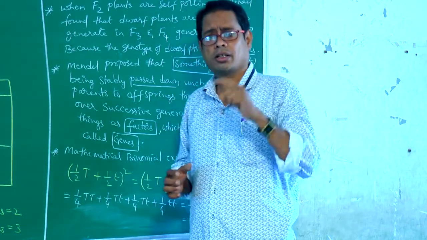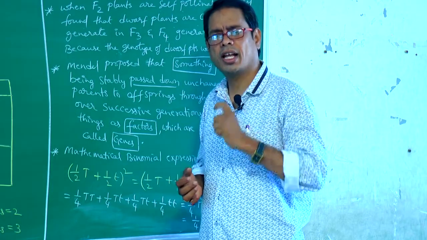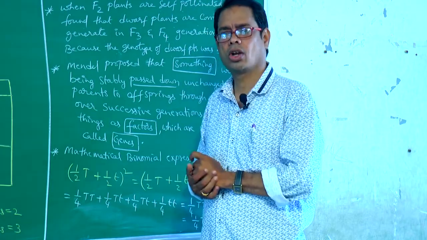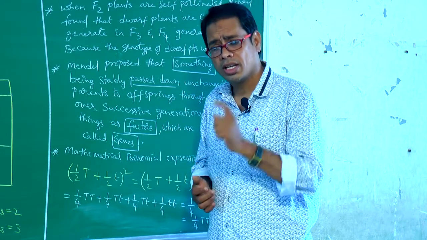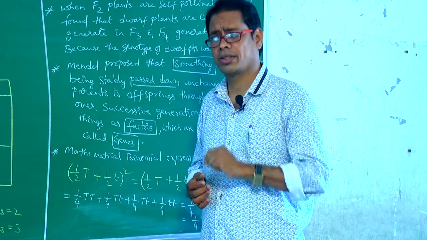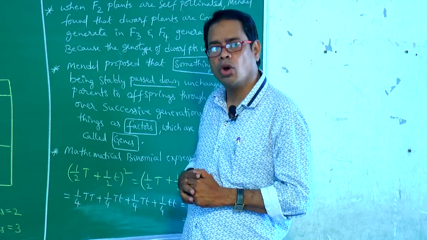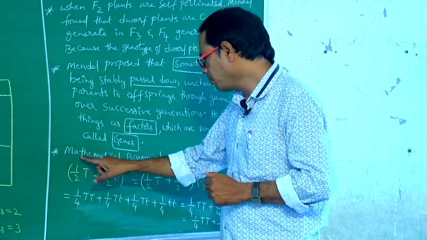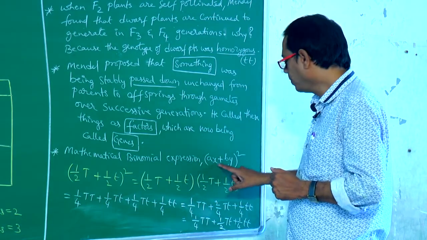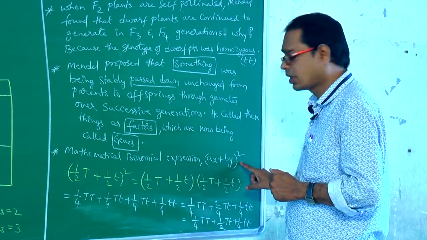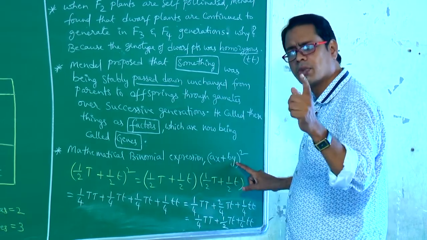We learned that Mendel was well versed in statistical analysis and mathematical logic, isn't it? He was well versed in statistics and mathematics. That is, he explained in terms of a mathematical binomial expression. The binomial expression is (ax plus by) whole square. X means capital T, y means small t.